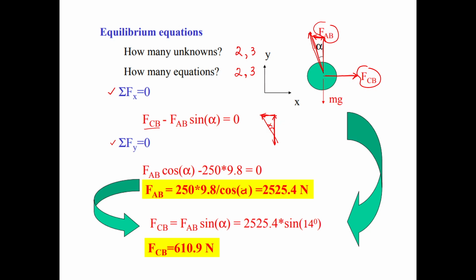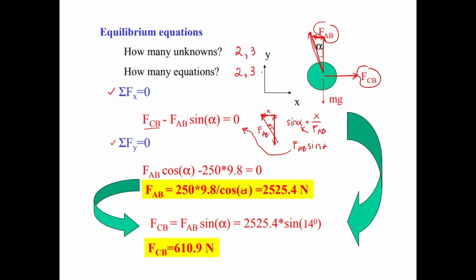So this one is FAB. Using the sine function, sine alpha is the opposite side, that's the horizontal component. Let's say that one is x. So x all over FAB. Isolating x, you have FAB sine alpha. So that's why you have this answer here.